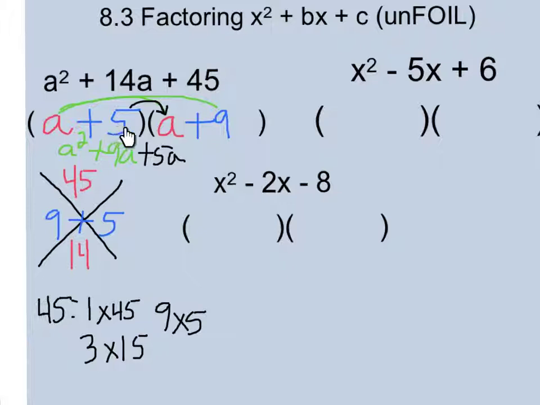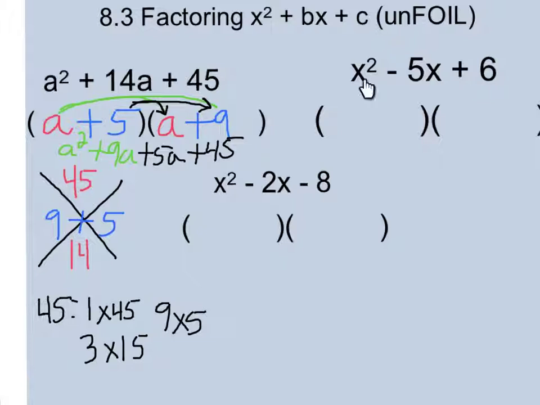Now 5 multiplied to a is 5a. And 5 multiplied to 9 is 45. If I add my two middles, 9a plus 5a is 14a. So this right here will add and make this. So it works.